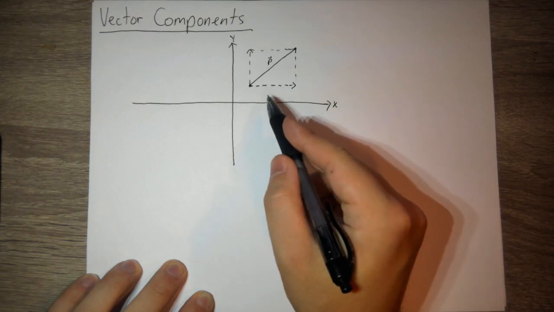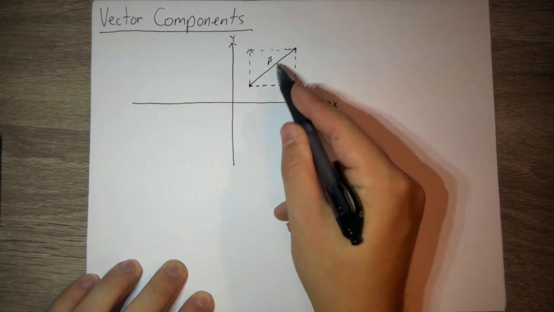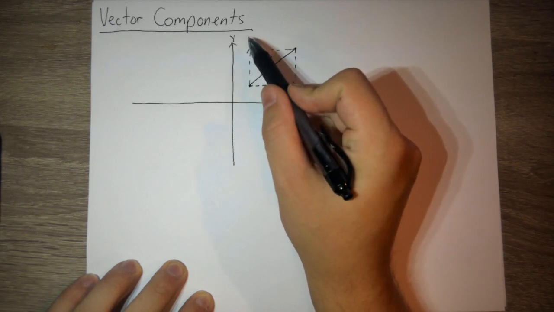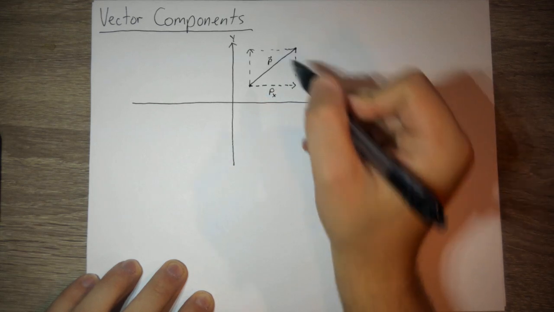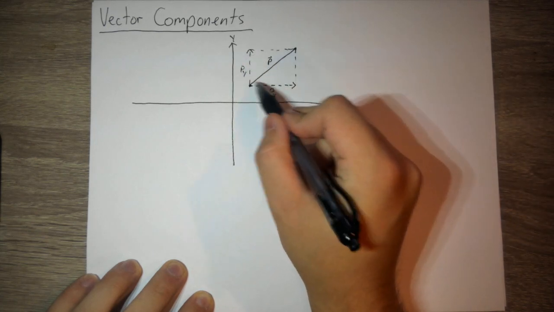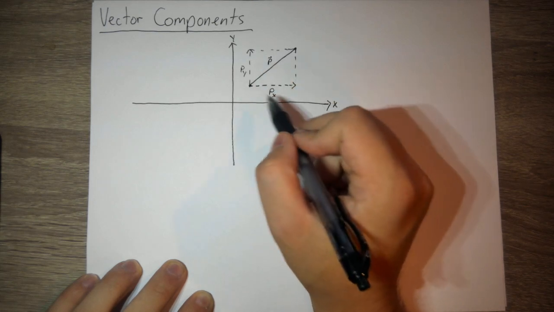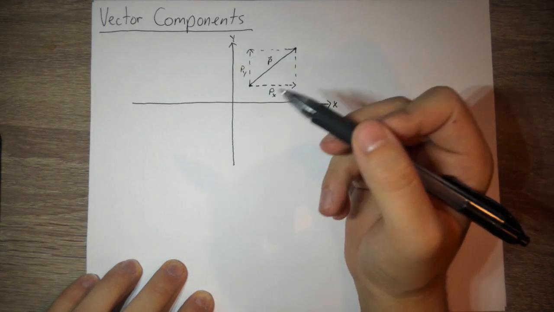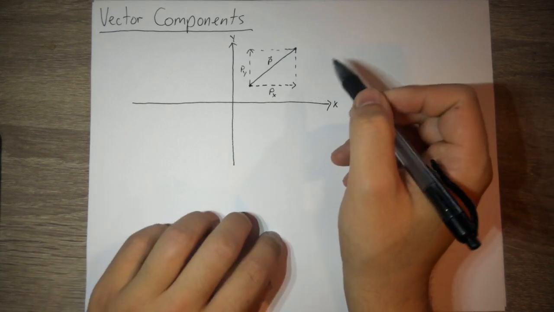Along the x-axis, it tells us how far this vector travels in the x direction, and how far it travels in the y direction. So we call these px and py. These two are the components of vector p. And there are two of them because we're in 2 dimensions. If you had 3 dimensions, you'd have 3 components and so on.